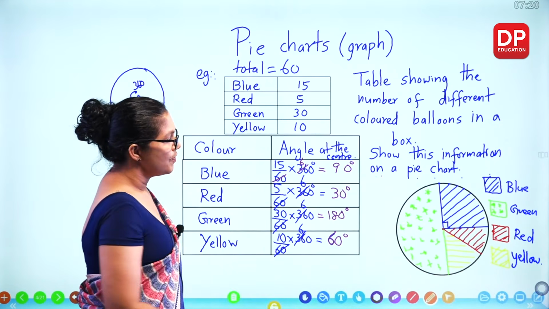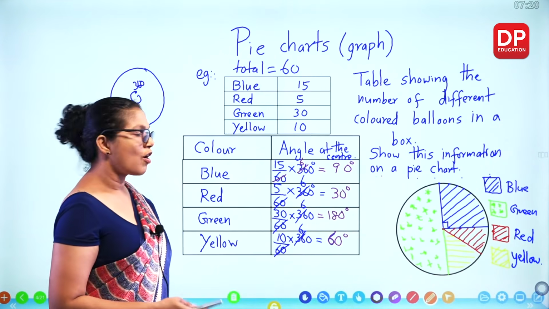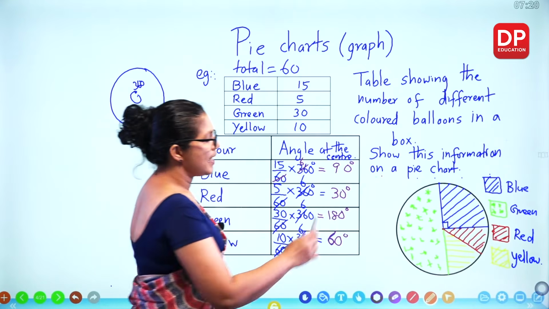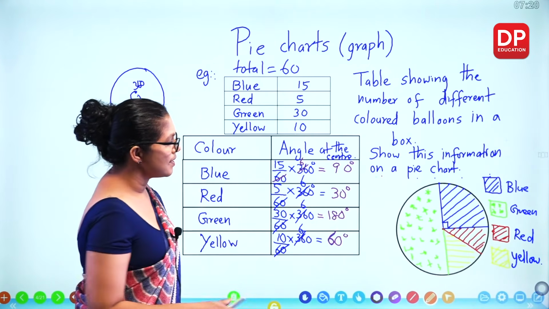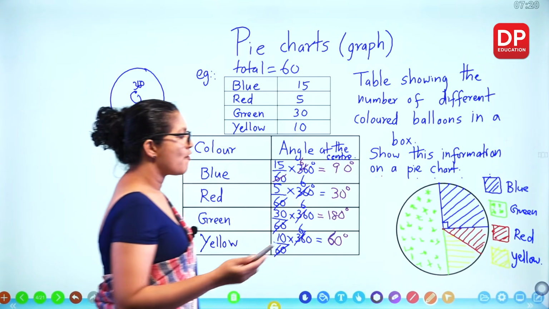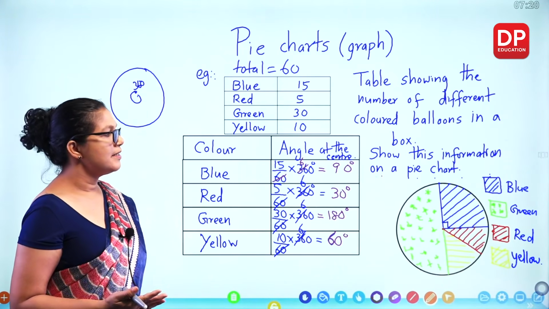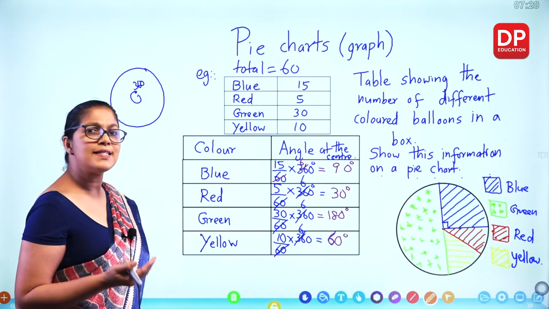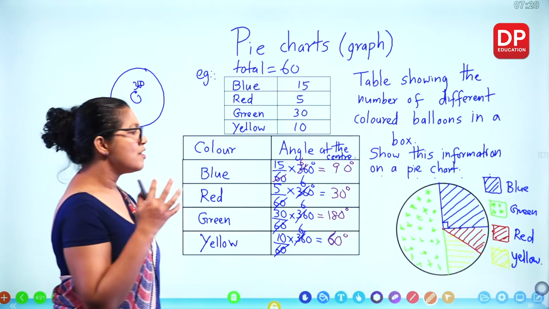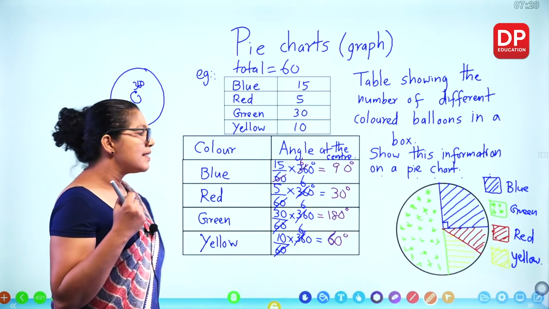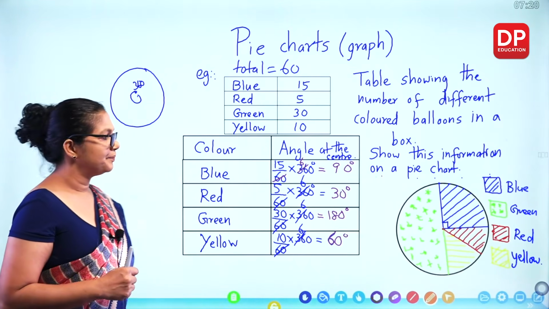So this is the pie chart or pie graph. We can see at once the most number of balloons are green color, and then the blue one, the least number is red balloon. So visually we can see it clearly.